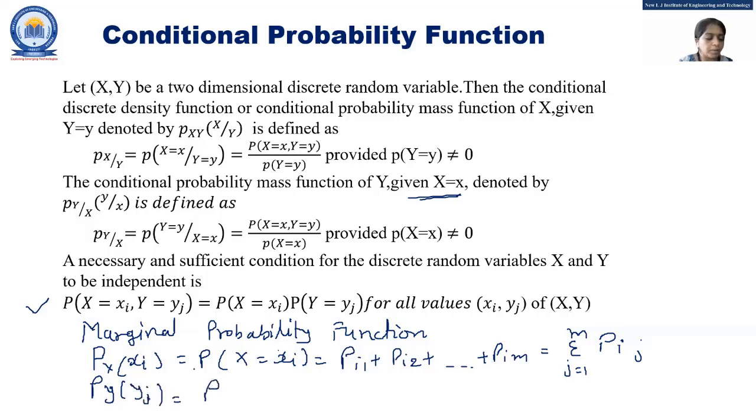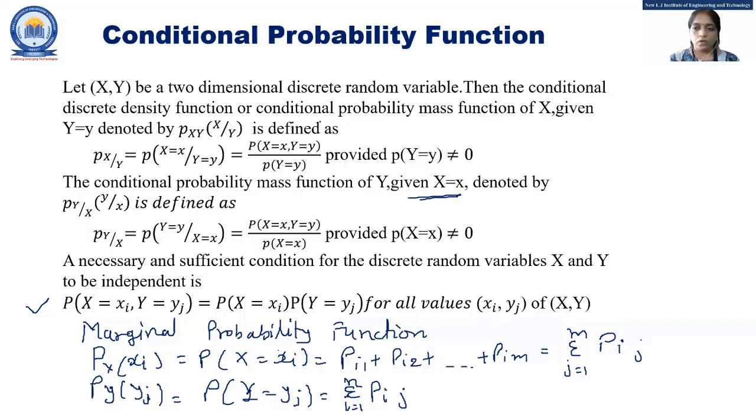Here the probability that capital Y is equal to yj is the summation over i running from 1 to n of Pij. So it is known as the marginal probability function.